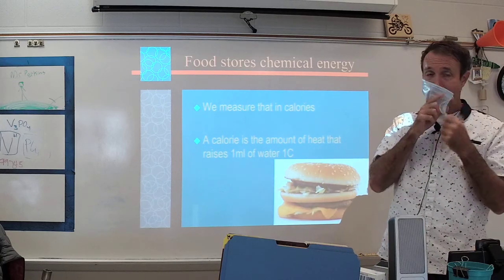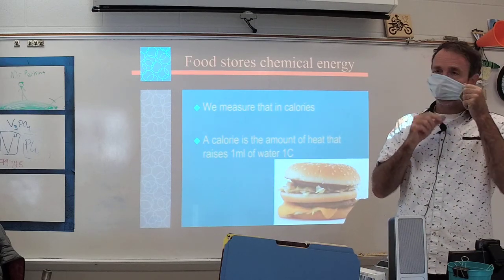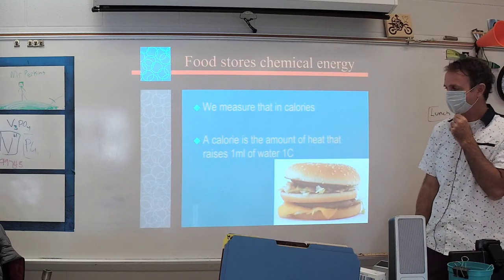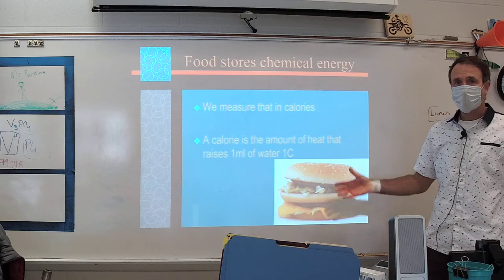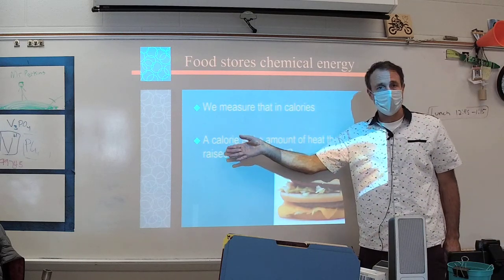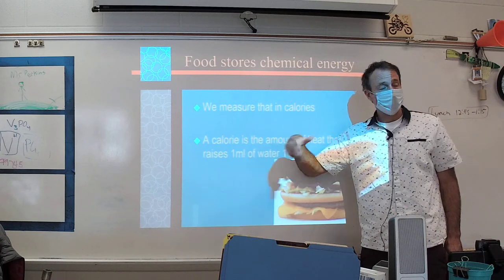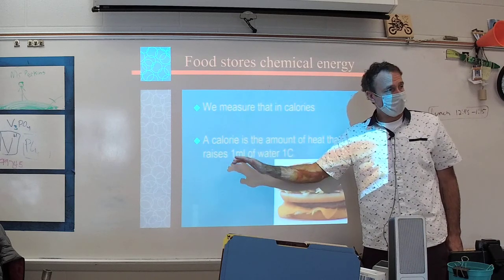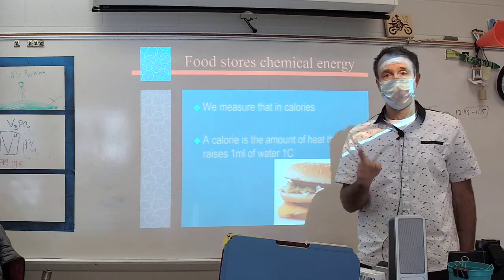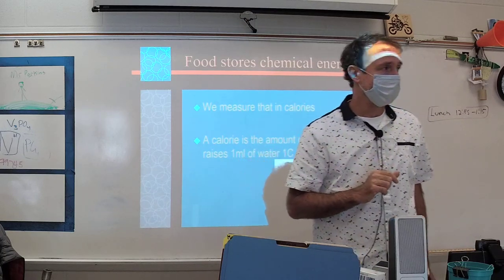Now, the storage place where we store energy is in food. Food stores energy. And now we can talk about what a calorie is, because we'll use this later in the lab. A calorie is the amount of energy that raises 1 gram of water by 1 degree Celsius.